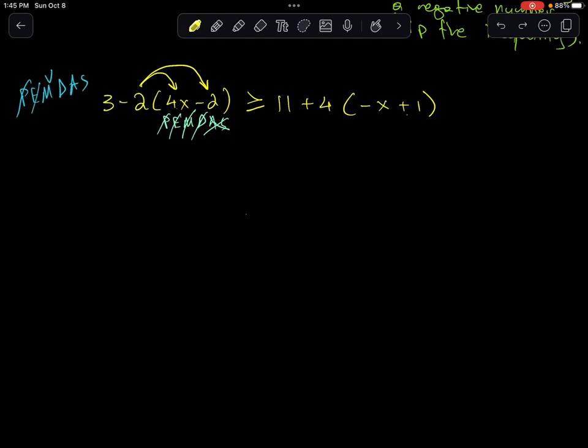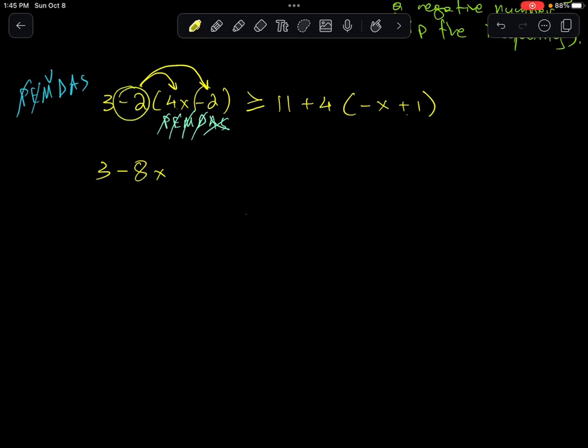Okay, so let's see what happens now. The 3 is going to drop, and I have negative 2 times 4. Negative times a positive. The 4 has a hidden positive sign. Negative times a positive is negative. 2 times 4 is 8, and the x follows.